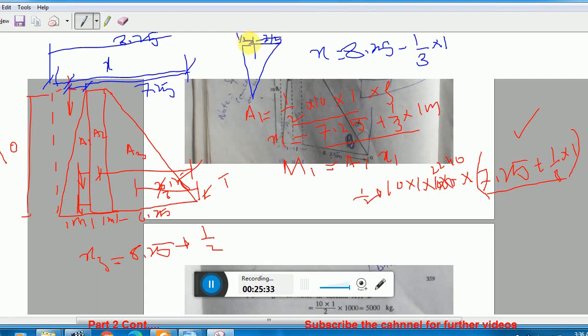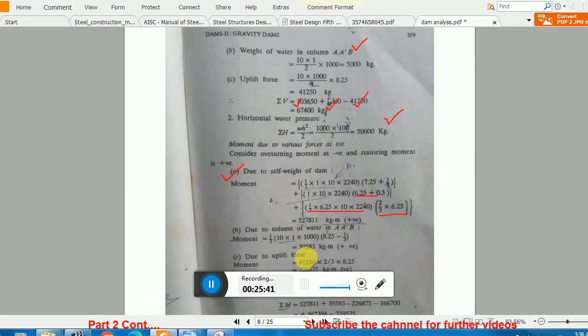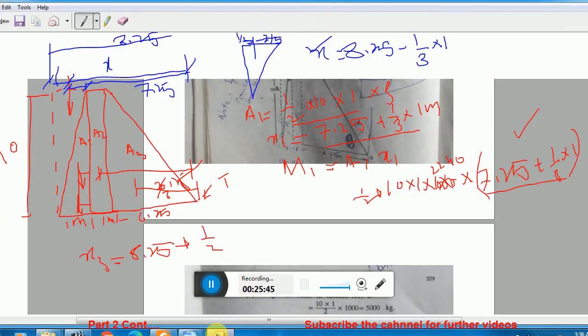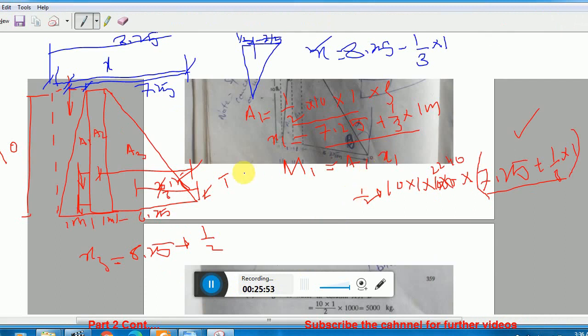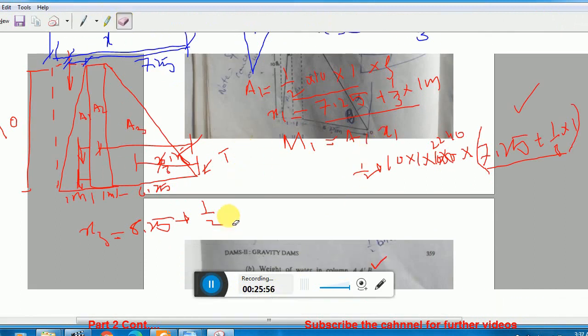So 7.25 plus 2/3 of 1; either you can use this one or you can use that approach. So let me show you the same approach, that is minus 1/3. Okay, so minus 1/3. Clear? Here you see.